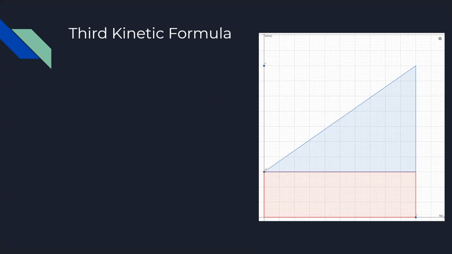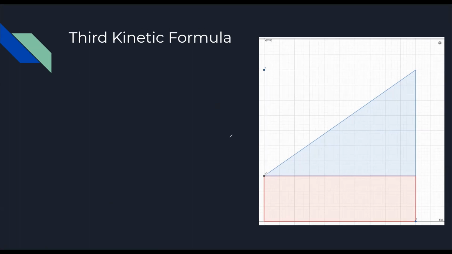For the third kinematic formula, we will use the same graph because it's a velocity graph. So it's quite helpful here. The third kinematic formula looks like this: delta x is equal to initial velocity times time plus half of acceleration times time squared.